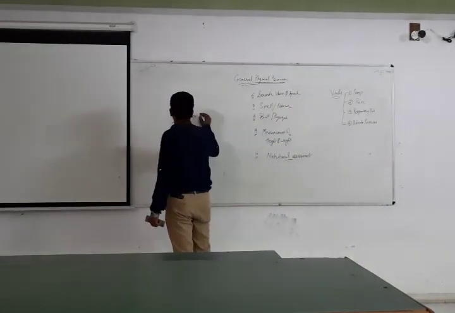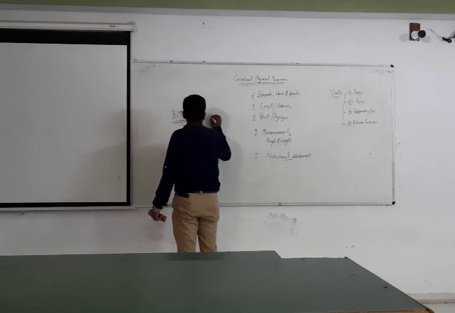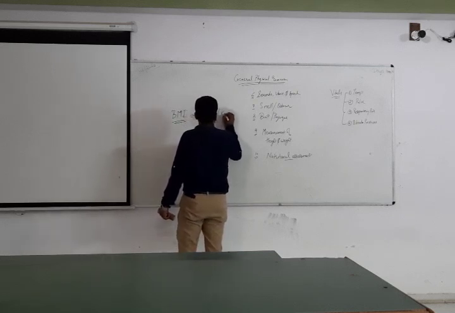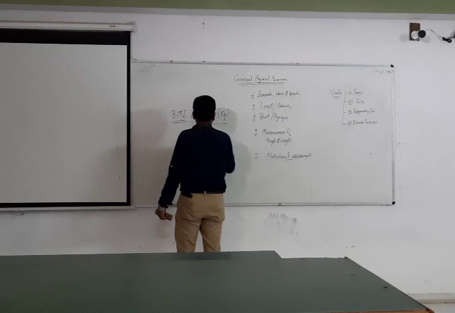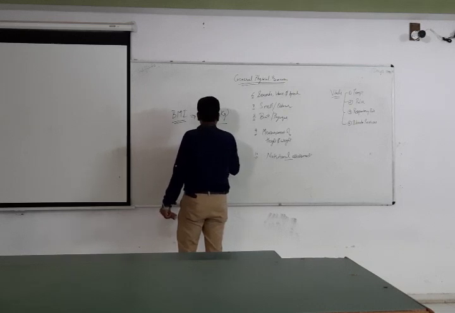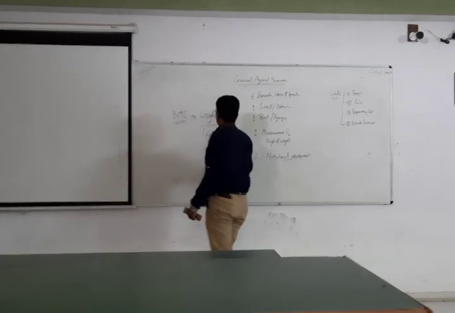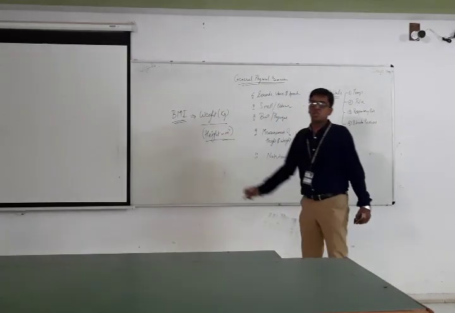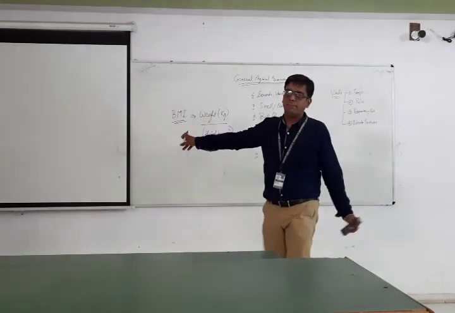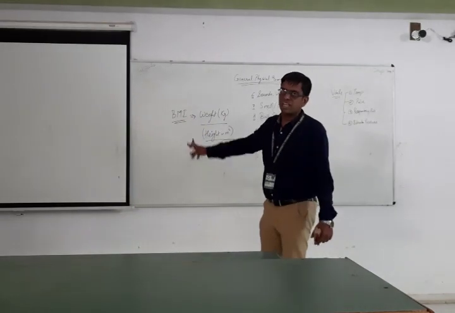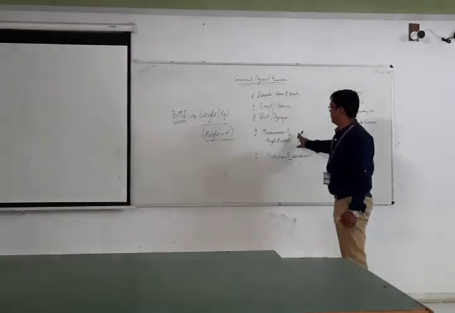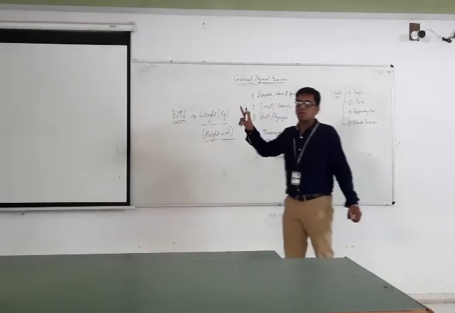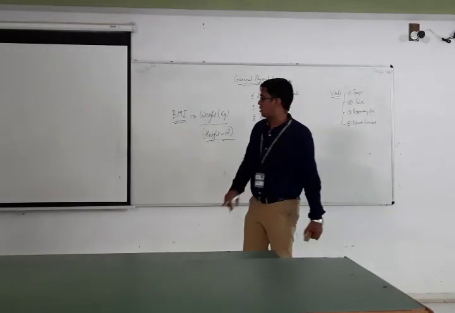BMI is represented by weight in kilograms divided by height in meter square. When you divide this ratio, you get the BMI, and that range will help you decide whether the patient is in a normal range or not.